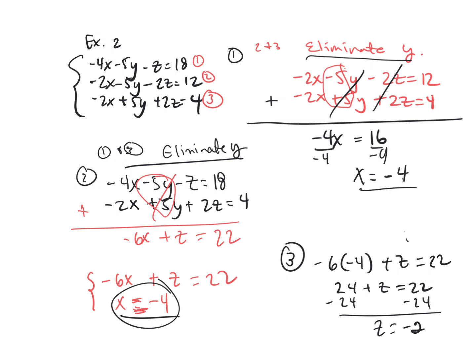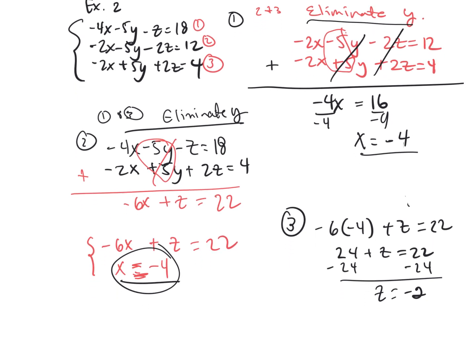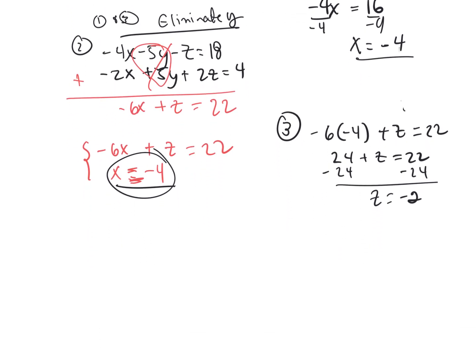The last step, step 4, tells us that we need to substitute the 2 solutions from number 3 into one of the original equations that we started with, and we're going to solve for the third variable. So we have x and z. If I put it in point form, this is what it's telling me I should have. Now, let's find y. It doesn't matter which equation you use.